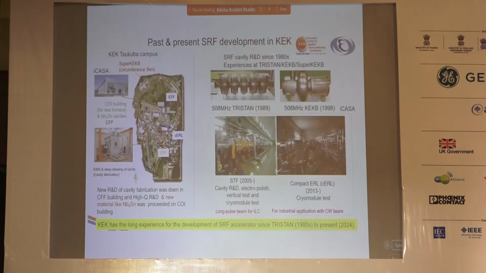About 10 years ago, KEK developed a compact ERL. Compact means a smaller size, but in future it can be enlarged depending on the application. Near the center of the Super KEKB electron and positron ring collider, we developed a compact ERL system.